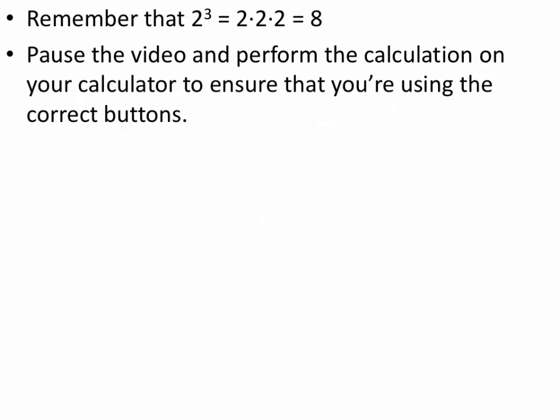So remember that 2 cubed means we have 2 times 2 times 2, which is then 8, because 2 times 2 is 4, and 4 times 2 is 8. Now, remember that if we increase our power, so if we had, say, 2 raised to the 6th power, that would mean that we have 2 times 2 times 2 times 2 times 2 times 2.